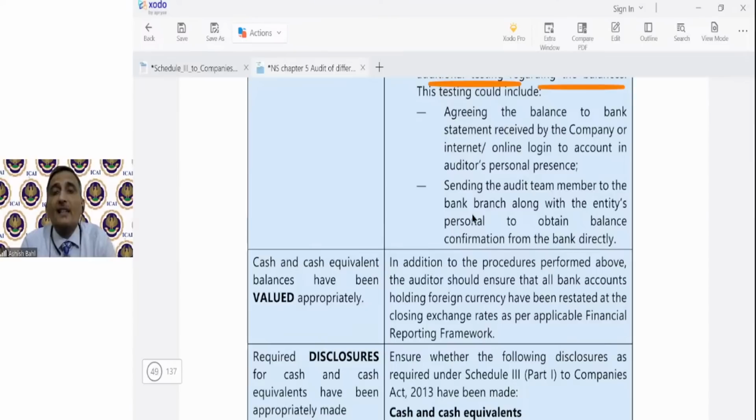So obviously when the company has foreign currency, it has to be converted into Indian rupees, and accordingly it has to be shown in the balance sheet.